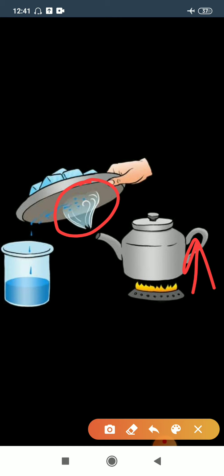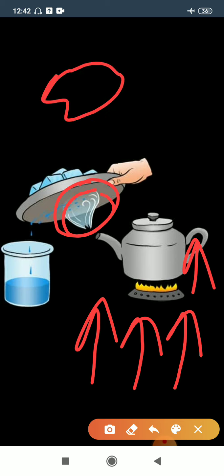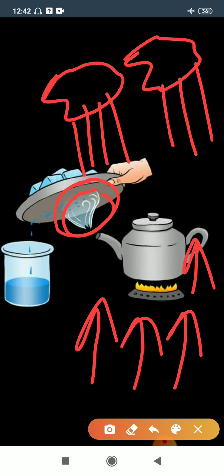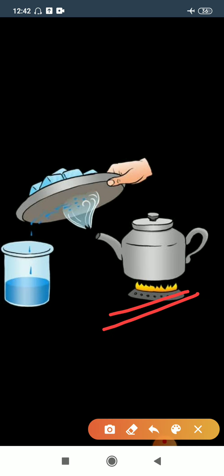After evaporation the vapors went up, and with the help of low temperature these vapors converted into clouds. Okay, and after the condensation process, the water droplets will come down in form of rain. So with the help of this method we can easily convert the salty water into pure water.